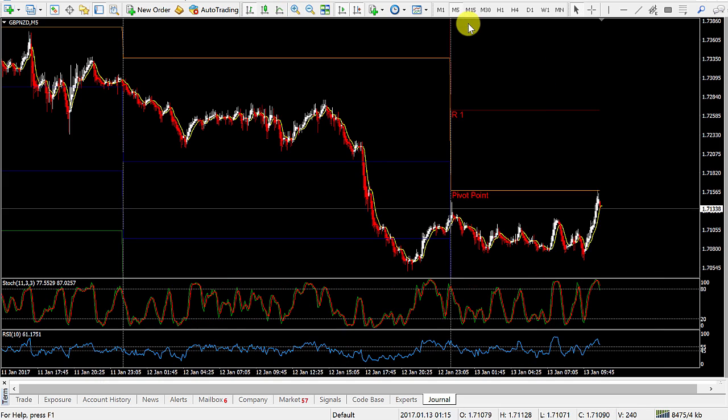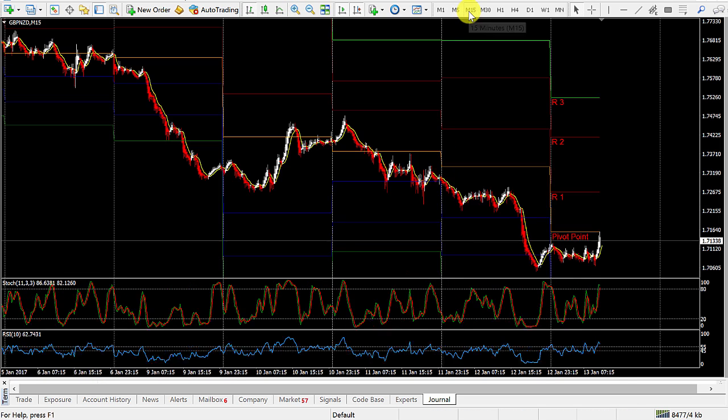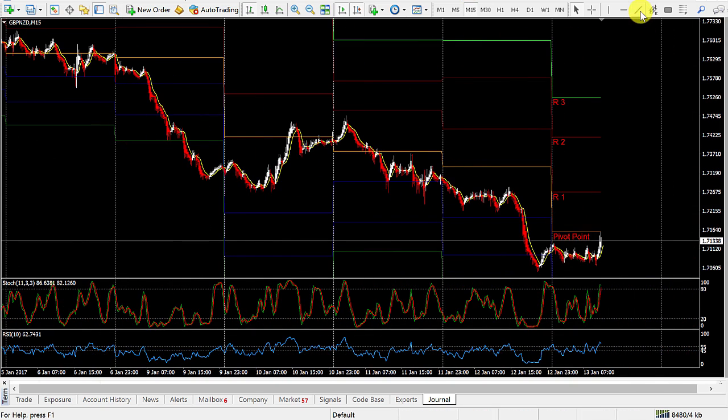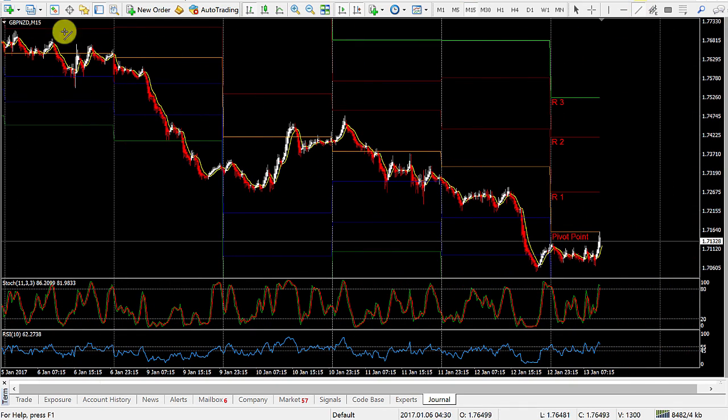The way we use all of this information is simply that we draw our trend lines, our channels on the higher time frames, and then we try to get in with the momentum in the lower time frames.